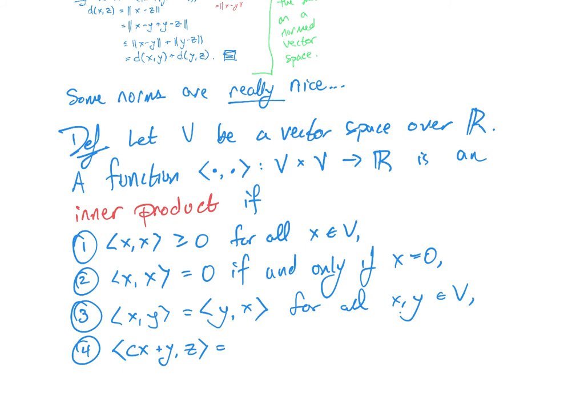There's another rule that's showing up here, and that's that scalars come out. Any questions on that one?